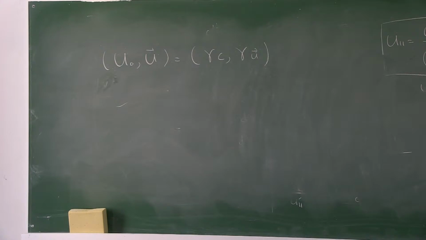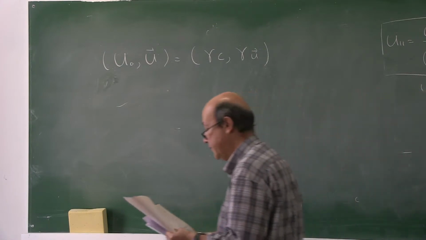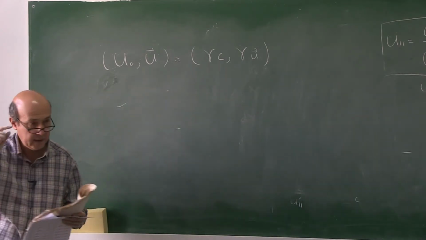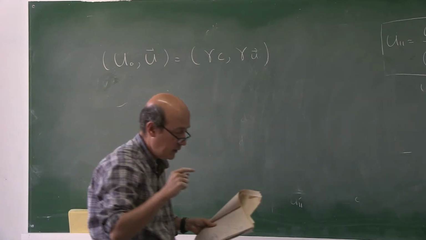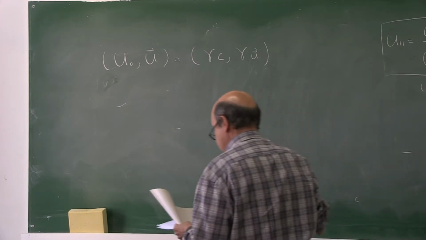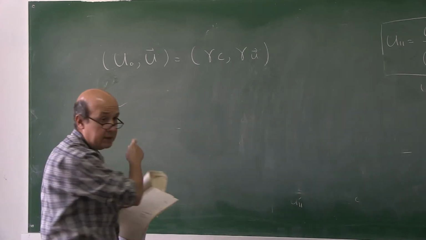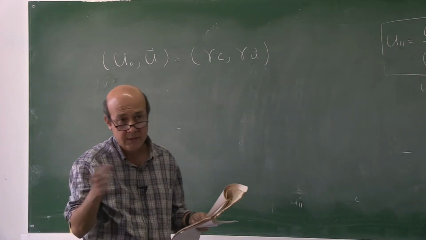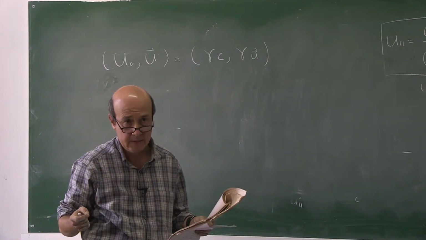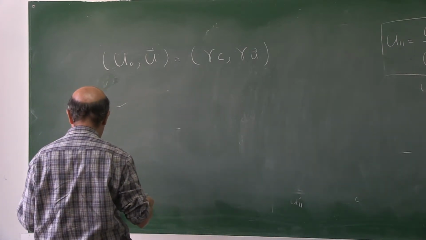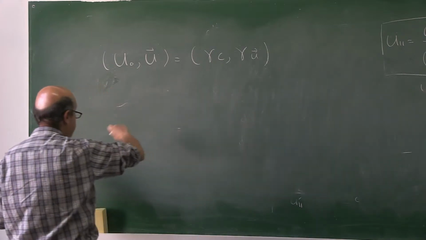Now, using this, let us try to define the relativistic momentum and energy. This is the simplest way. There are several ways of finding the relativistic energy and momentum. I will discuss them, but let me show the simplest one. What could be the simplest one? If you have a four-velocity, just multiply with the mass m.